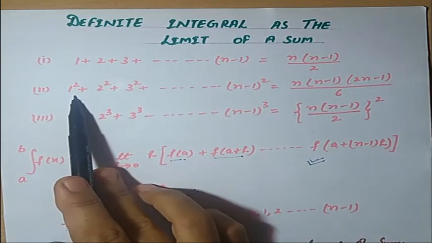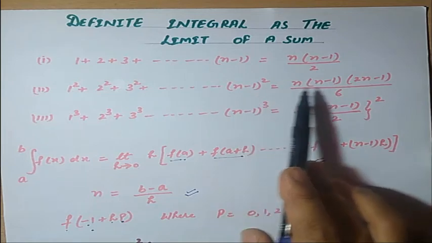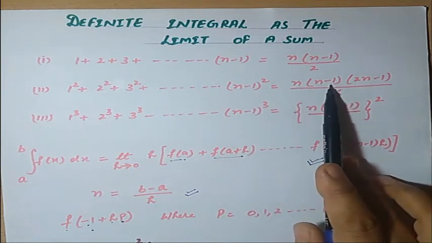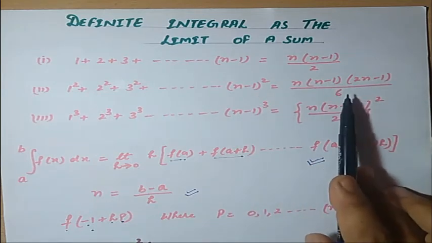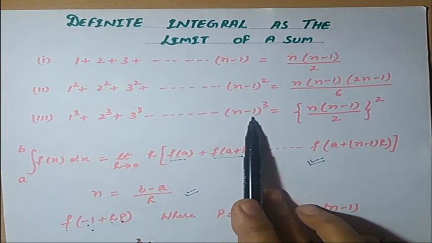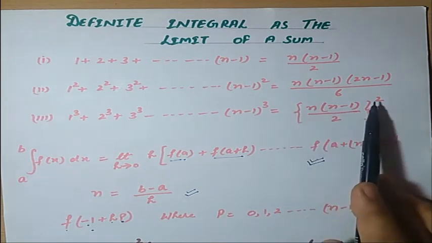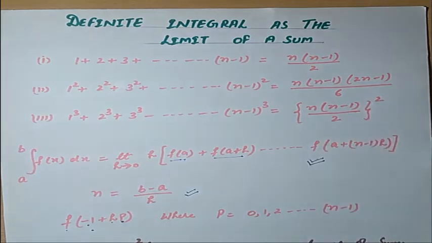Then the sum of squares of all natural numbers. It also has a particular relation, that is n into n plus 1 into 2n plus 1 upon 6. Sum of the cubes of the series is equal to n into n plus 1 upon 2 whole squared. Similarly, we also have the series of AP and GP, which also have some relations.